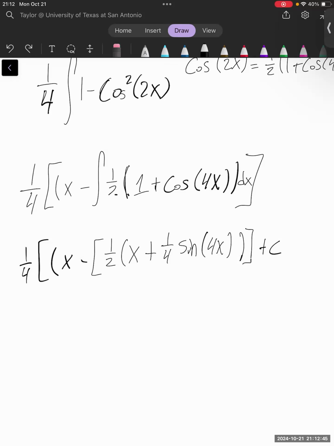And then cleaning this up, we would get x over 8 minus sine 4x over 32, plus c.